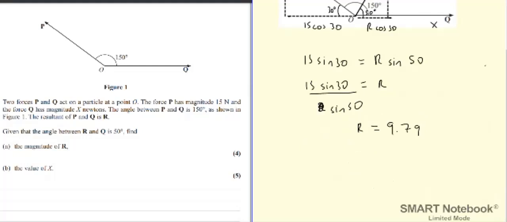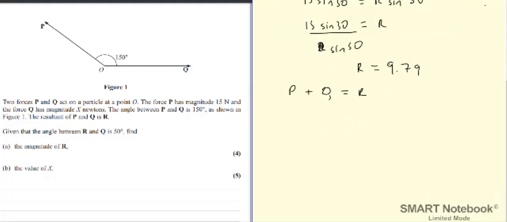We know the resultant of P and Q is R, so we're going to say P plus Q equals R. Are we happy with that? Now P was made up of two forces, as we could see. In the X direction, we had minus 15 cos 30.